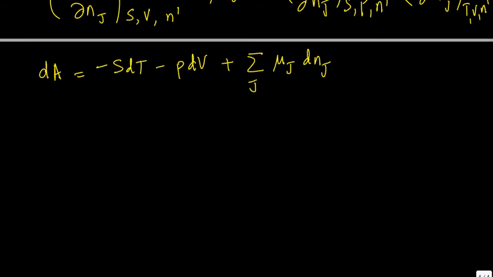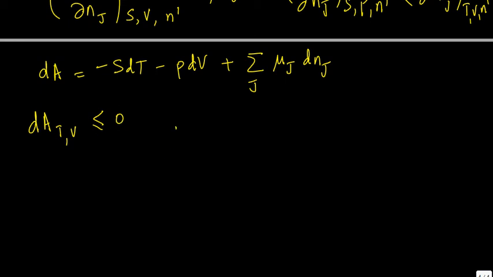So this definitely is the additional work done. And this is, if we do it reversibly, the expansion work. If not, then it will be less than this. The criterion for spontaneity was dA at constant temperature, constant volume less than or equal to 0.